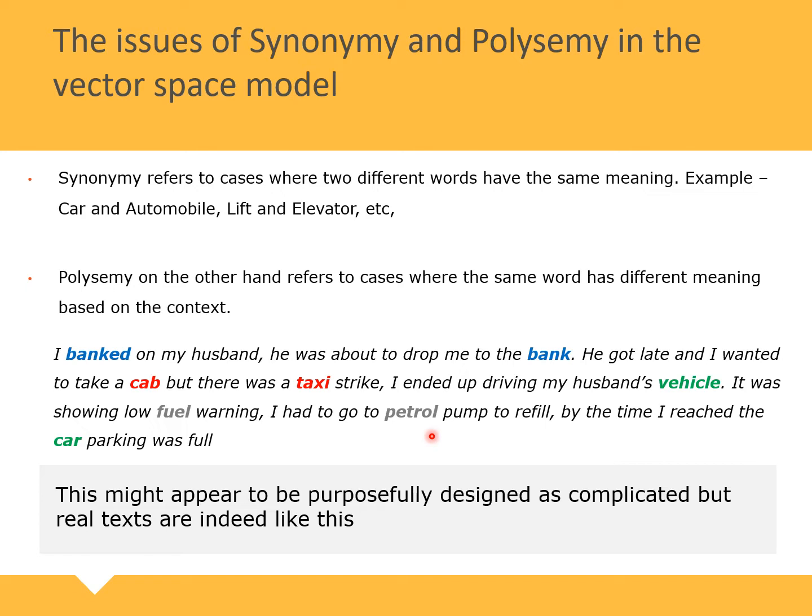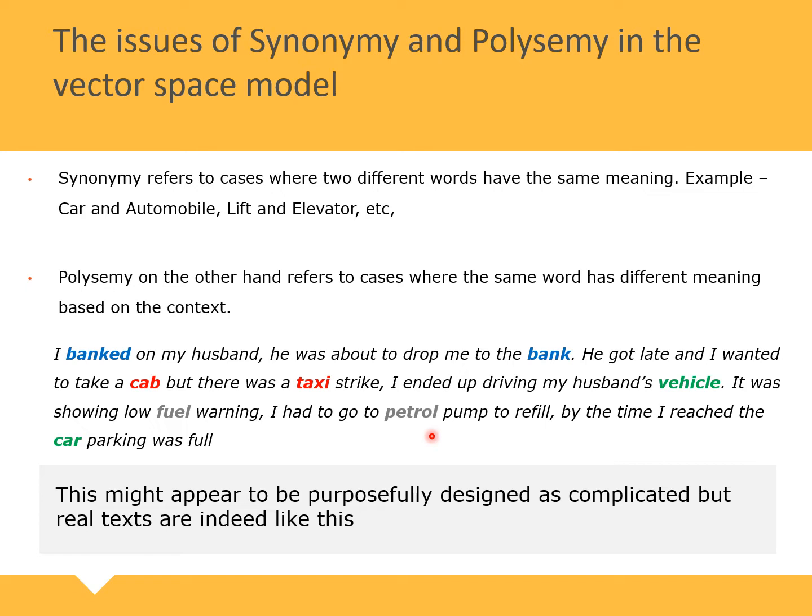Synonymy is still an easier problem to solve, I would say, because you can combine words having the same meaning and then represent them as a single dimension. Polysemy is slightly more challenging, because to understand polysemy you actually have to understand the context as well.